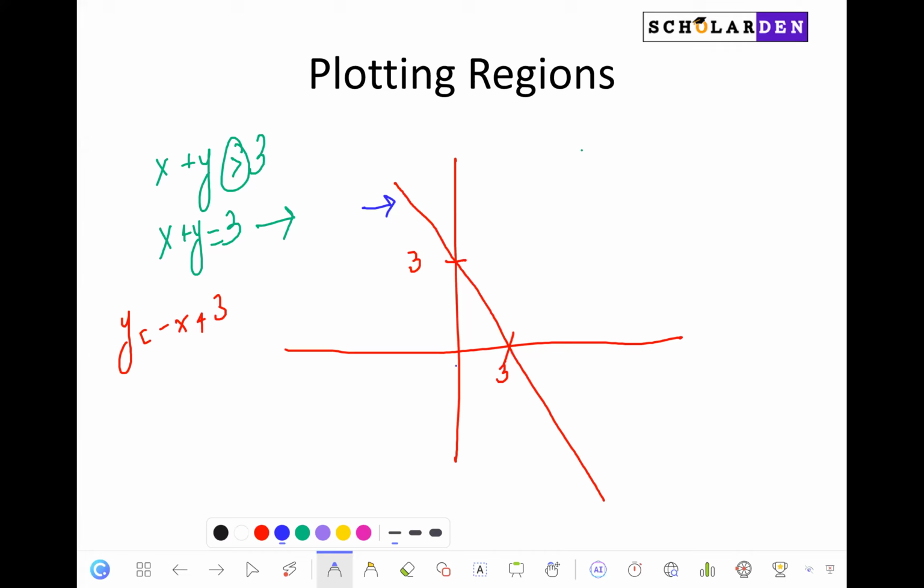Let's look at this point over here. This has x equal to 1. What is the corresponding y going to be? We can quickly do that by simply substituting the value of x over here.